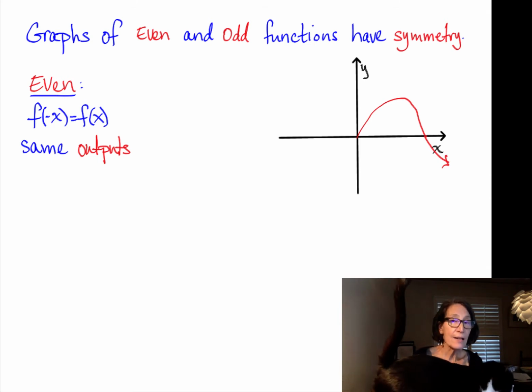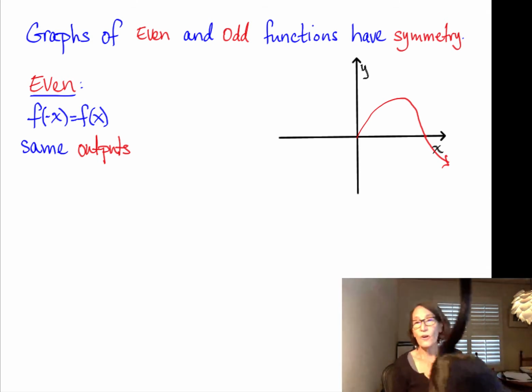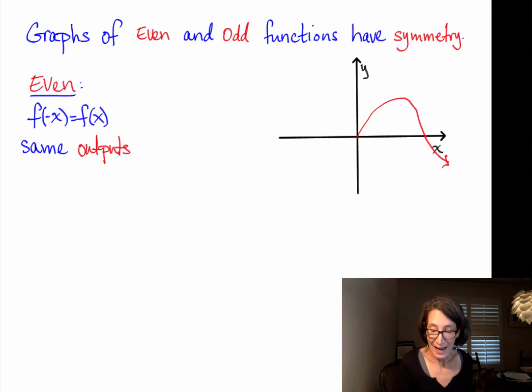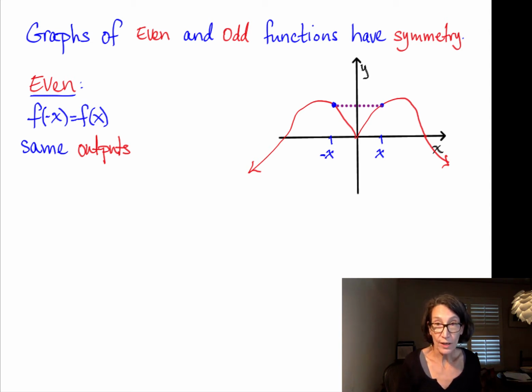Let's say there's the right half of our graph, and there's the input x. So we look at the y-coordinate that goes with that input. It's up there. And then on the other half of the graph, if we look at the input negative x, its y-coordinate is at the same height. They have the same y-coordinate.